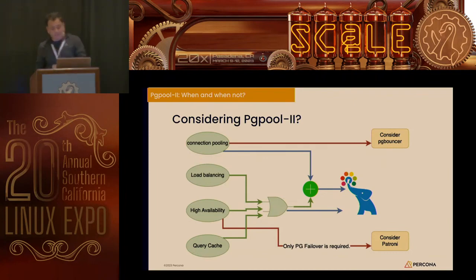And for high availability, if only failover is required, consider Patroni. So this is where Pgpool can be used and where it is not the best choice.